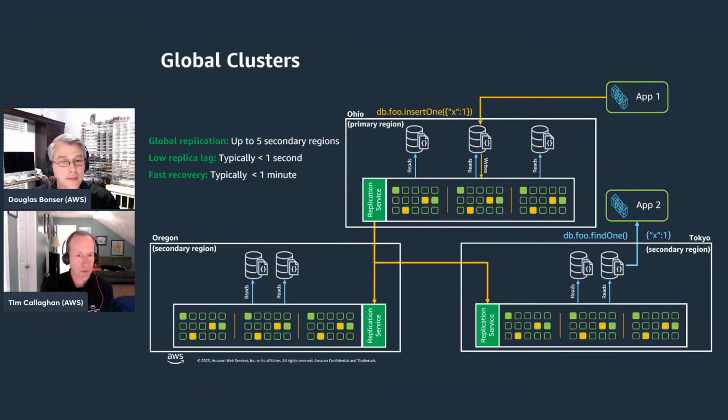It's very storage optimized. And once that cluster is up and running, the replica lag, we talked about in region 10 milliseconds, 20 milliseconds to 100. The replication lag to remote regions is typically less than a second. It's going to depend on how far away they are and how much traffic is being processed in the primary region. And then for recovery, you can do it in less than a minute.